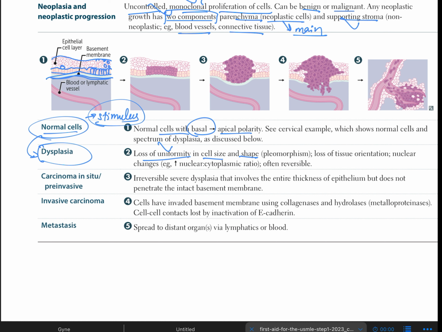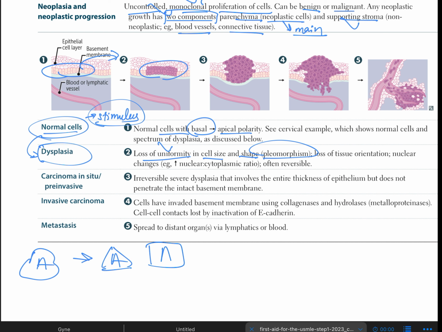The uniformity you are seeing in normal cells here will be disintegrated and lost. The cell size and shape will change, and it is called pleomorphism. Pleomorphism means multiple forms of morphology within the same species and the same cell. For example, one cell, after dysplasia, looks like this, like this, like this.